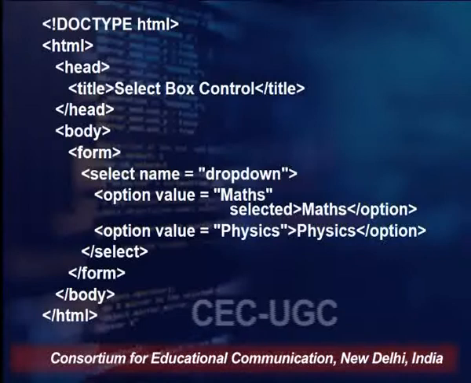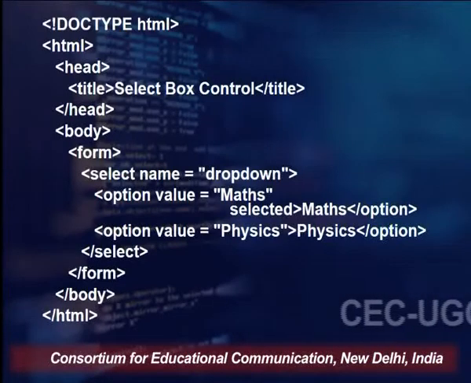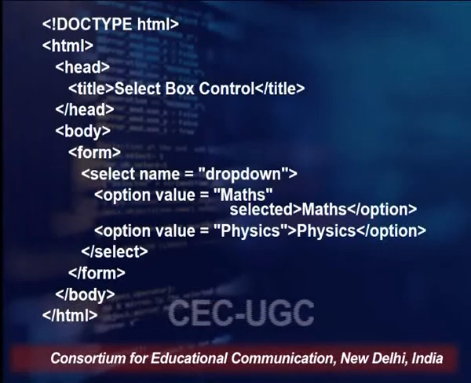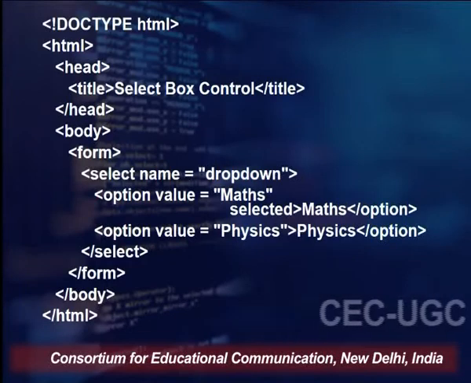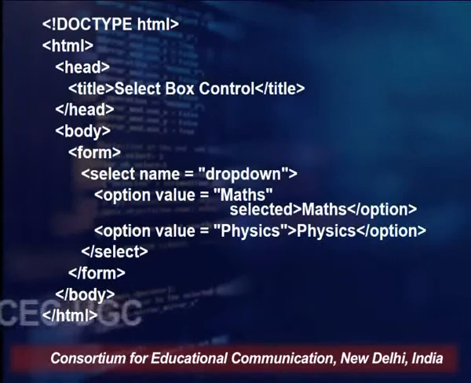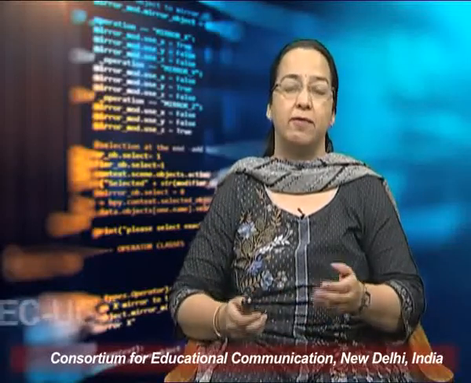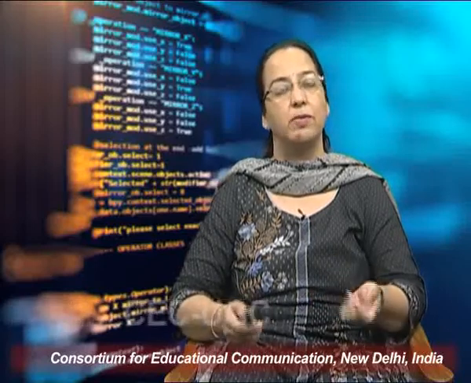We can say drop down dot value is equal to maths, do this, or if drop down dot value is equal to physics, do that. In this way, this will be used at the server end. So the one attribute which we always talk about is the name.